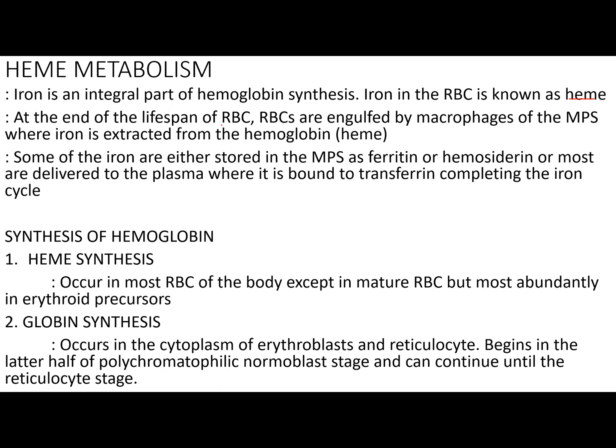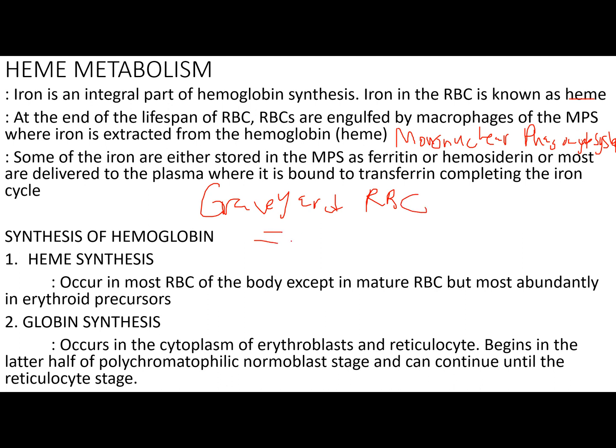Now, at the end of the lifespan, RBCs are engulfed by macrophages of the MPS. The MPS, class, or the mononuclear phagocyte system, write this down. Now, this engulfing, class, if you still remember from your immunoserology, the graveyard of your RBC is the spleen.